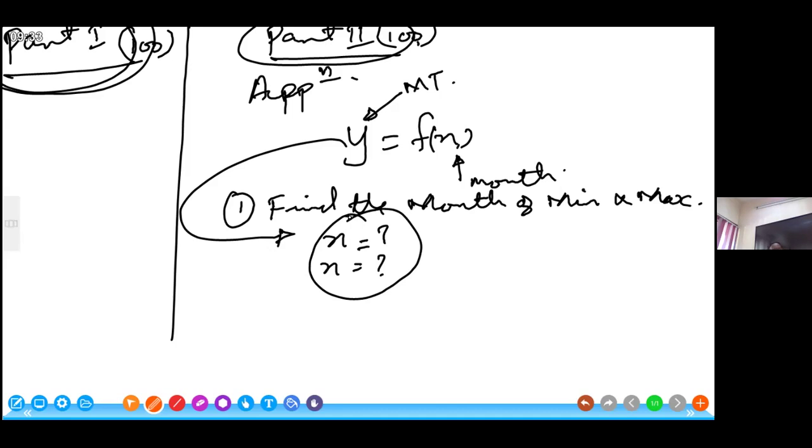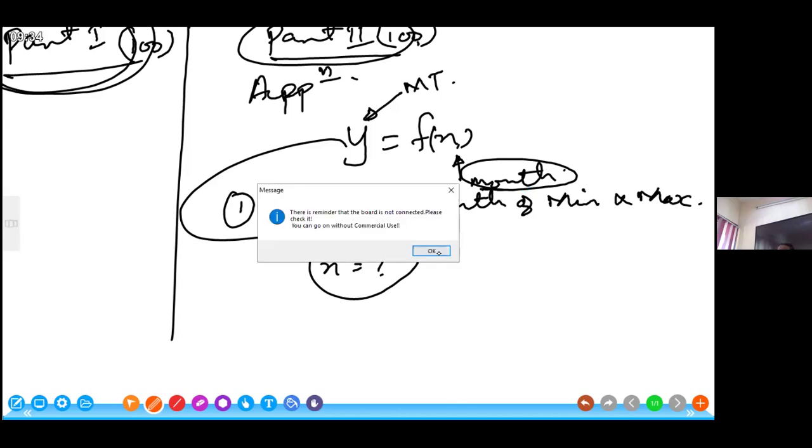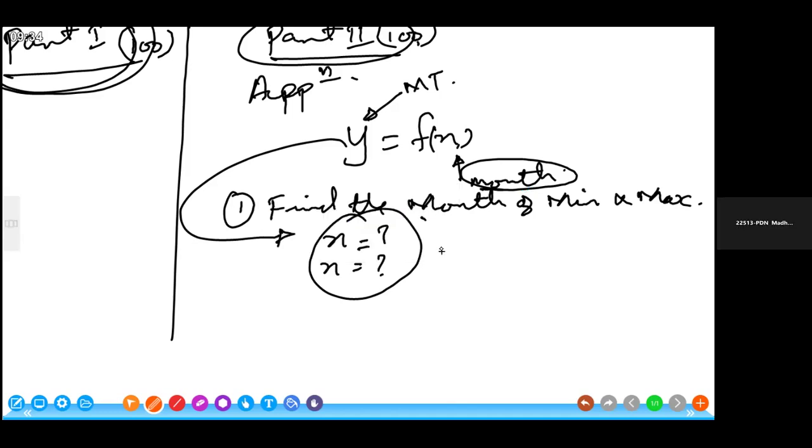Because x is indicating months in numbers, what are the possible values? 1 to 12, one by one.